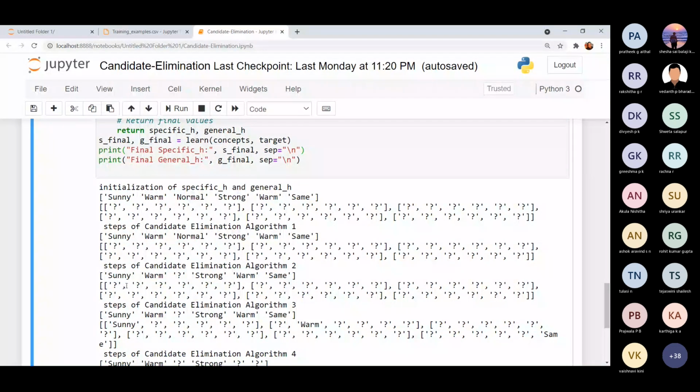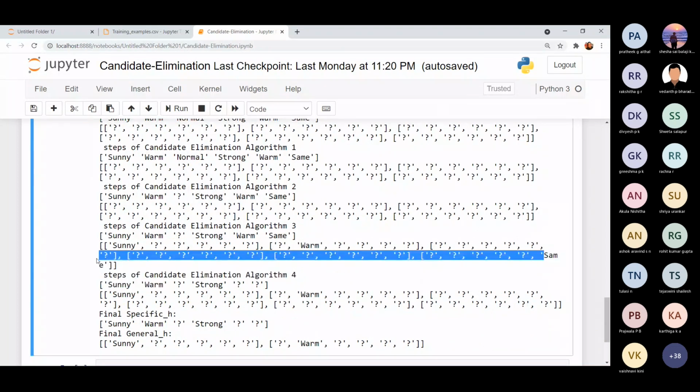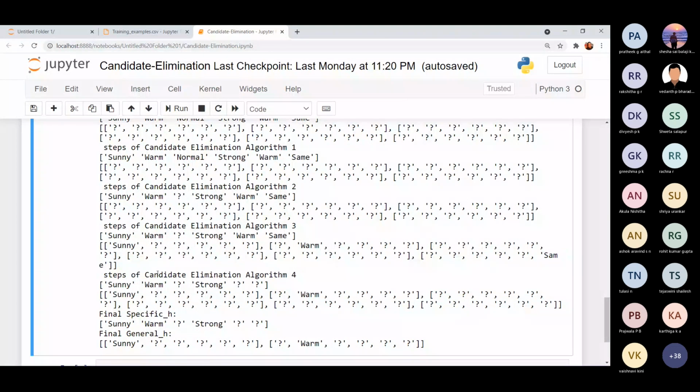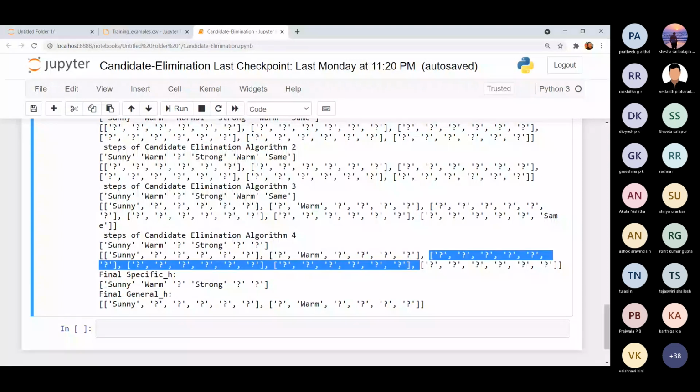Then we changed general of 0, 0 to sunny, and general of 1, 1 to warm, and general of probably 5 to same. Next time, when they were equal, we changed it back to a question mark. Then finally we removed the entries where we saw only question marks.